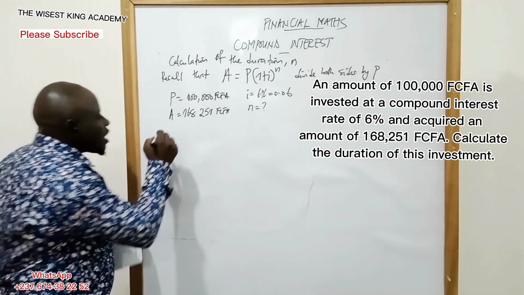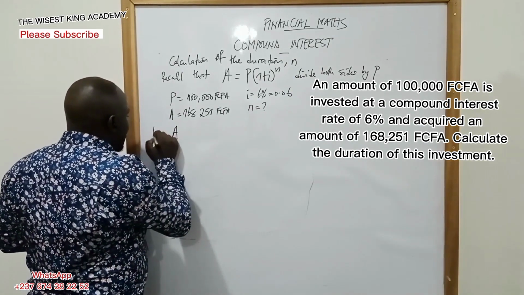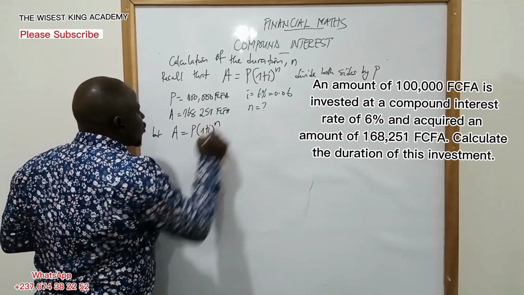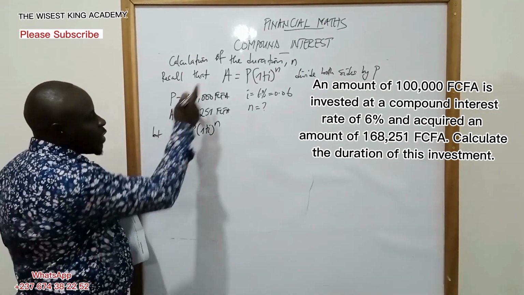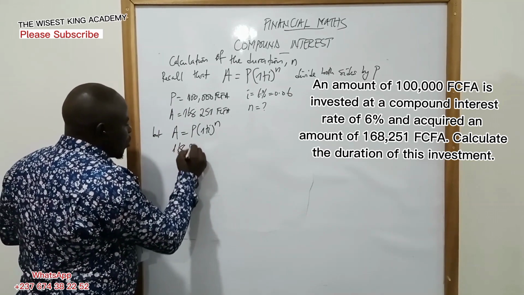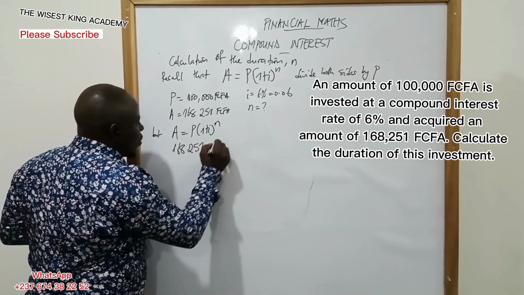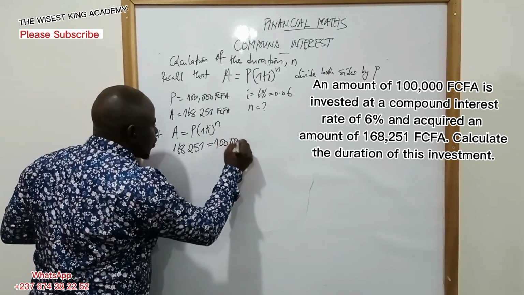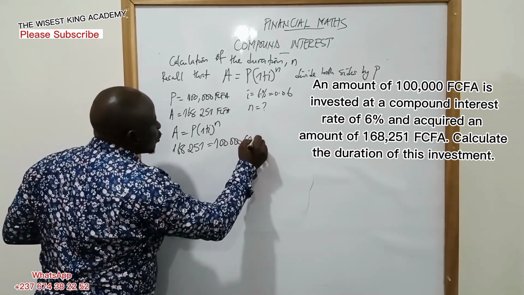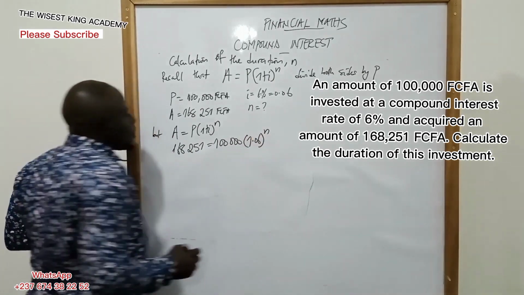Now we need to continue. Recall that A is equal to P into 1 plus i raised to the power n. Now we replace everything by their values. 168,251 equals 100,000 into 1.06 raised to the power n.